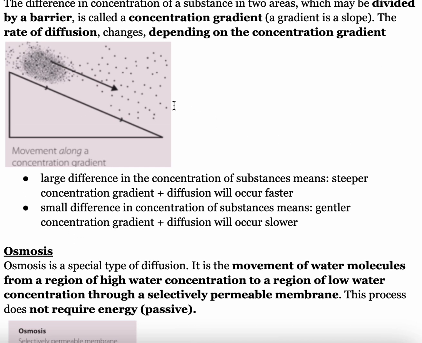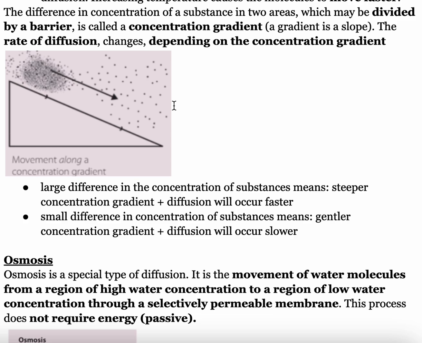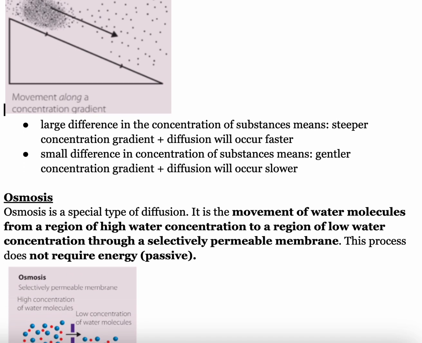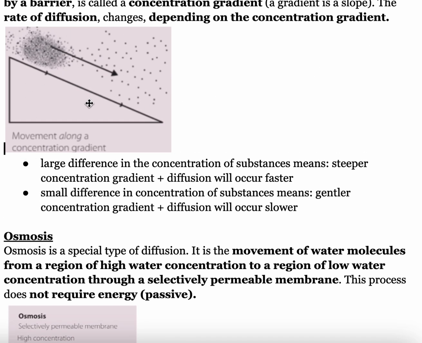Anyways, the difference in concentration of a substance in two areas, divided by a barrier, is called the concentration gradient. The rate of diffusion changes depending on the concentration gradient. So as you can see in this area, there's a lot of solute here and not a lot of solute here.